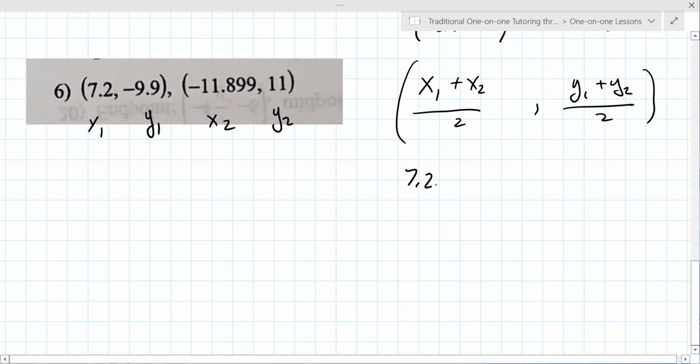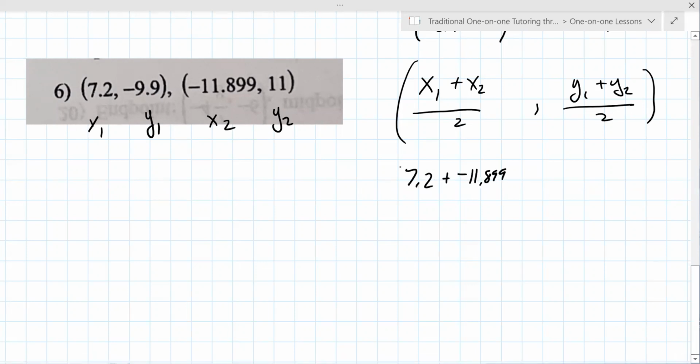So we got 7.2 plus negative 11.899, all divided by 2, comma, negative 9.9 plus 11 divided by 2.